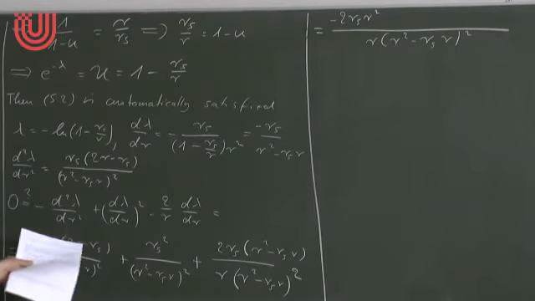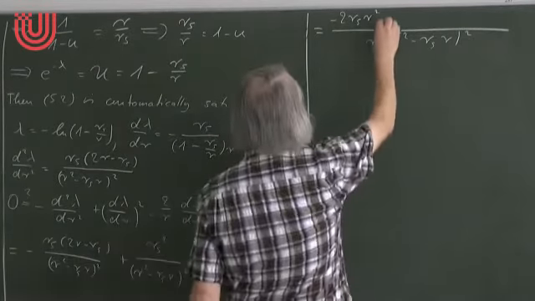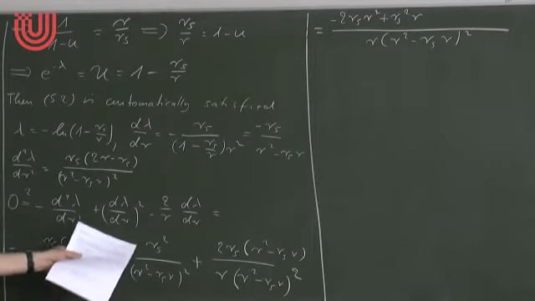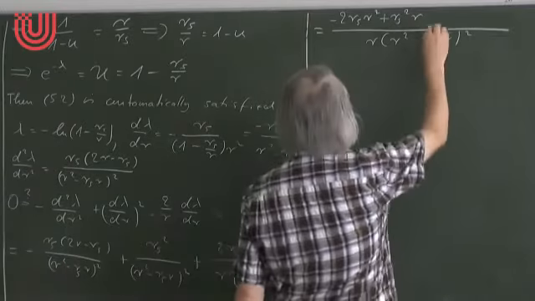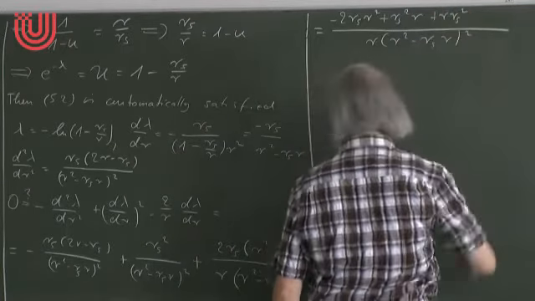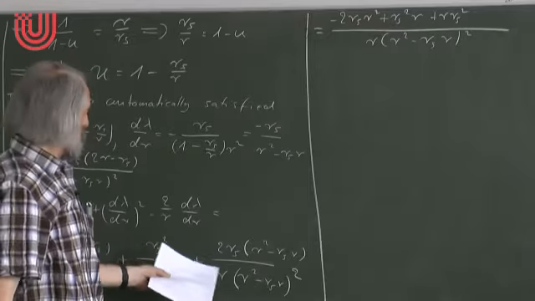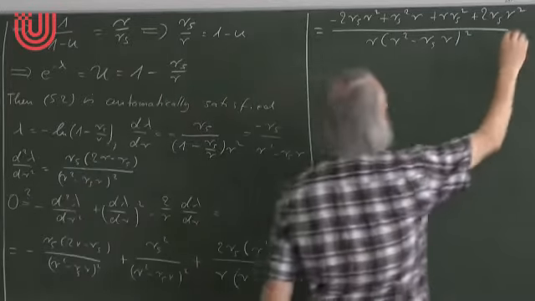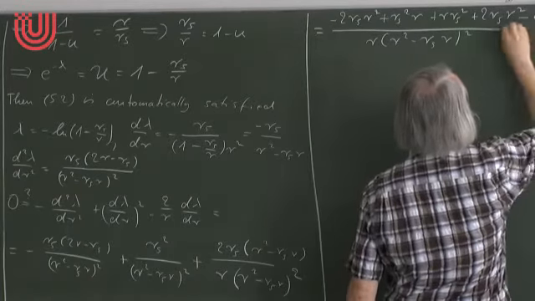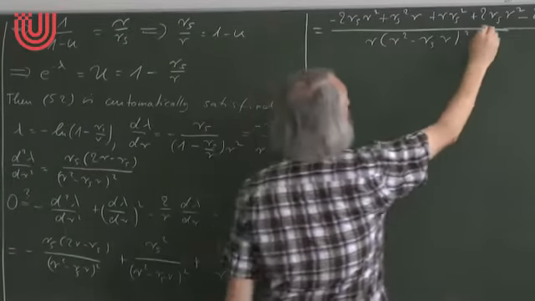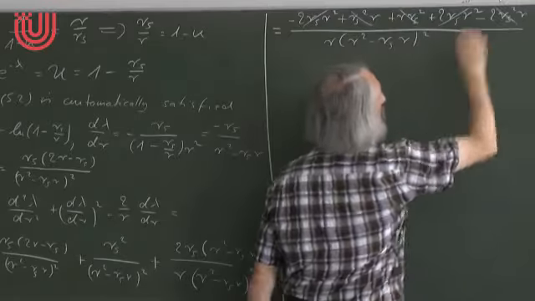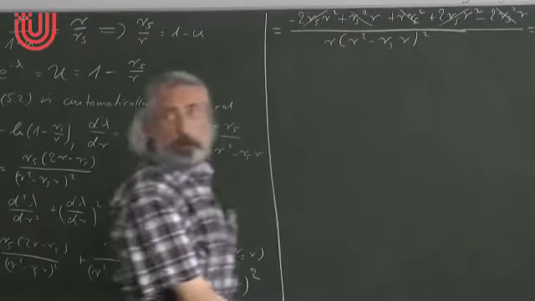I get minus, and minus gives plus rs squared r. I have to multiply this with r, so I get r rs squared with a plus. And here I get plus 2 rs r squared minus 2 rs squared r. Let's see, that's the same as this. And these two together are the same as this. So I get indeed 0. Yeah? So everything is fine.